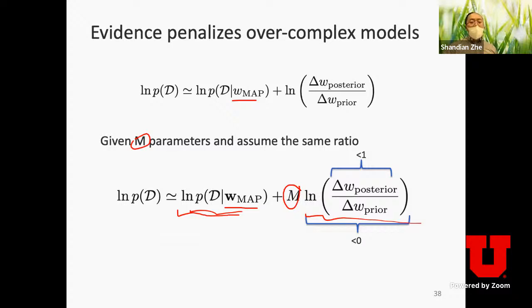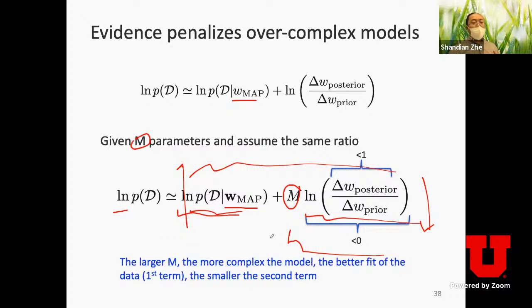The larger the m you have, the smaller the number here. You are actually subtracting a larger number. So overall, the whole summation, which ends up as the final evidence, is not necessarily very large, because as you increase m, on one hand you increase the log likelihood, but at the same time you decrease the second term, which penalizes overly complicated models. So there is a trade-off.